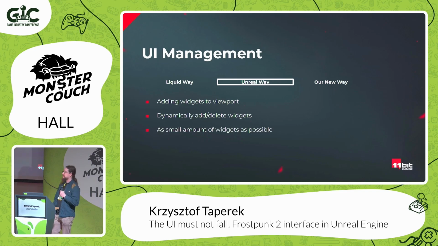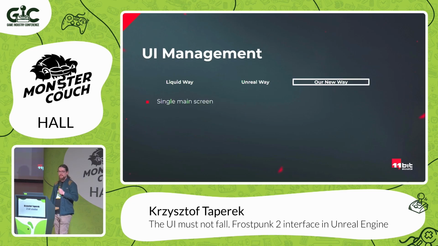We quite often see even baking some textures into a single widget just to save a few widgets, make fewer images on the Unreal side. So when we moved to Unreal, it was obvious that we would just go with the single main screen, which worked for us in Frostpunk 1.